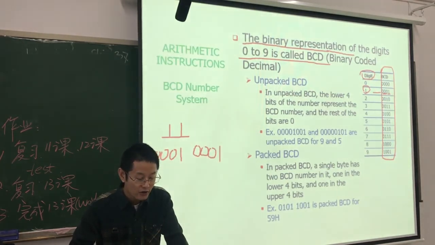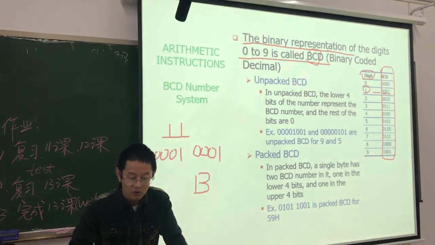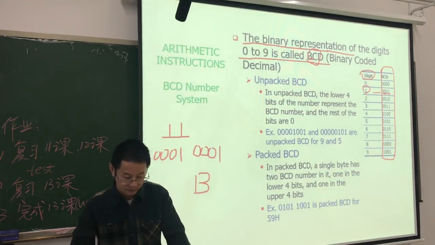But if you use 8 bits, your value is just B. So you need to know the difference between the BCD code and the 8-bit number.